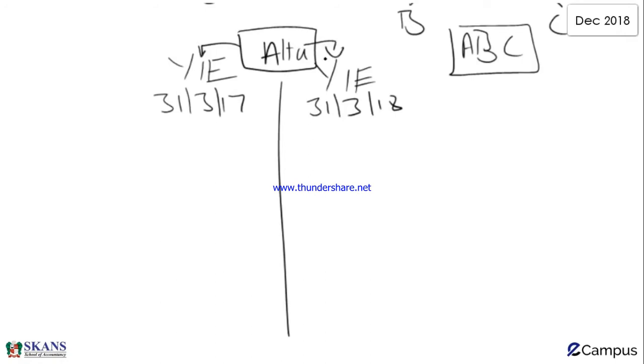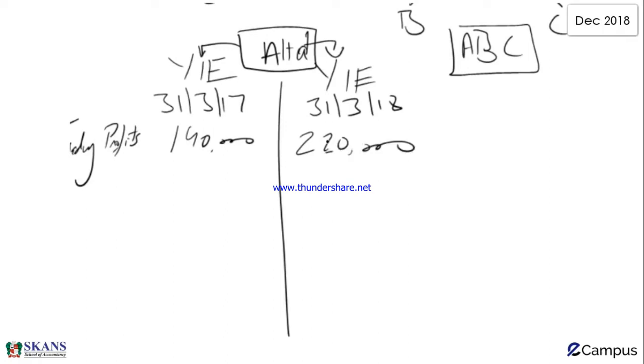Well, A Limited has the following incomes: trading profits. The trading profits in the year ending 31st March 17 were 140,000, and in the year ending 31st March 18, they increased to 220,000.